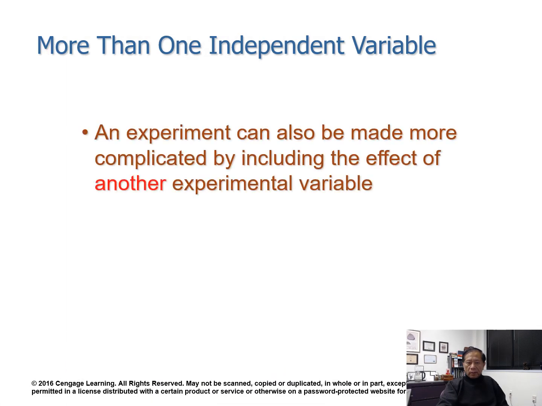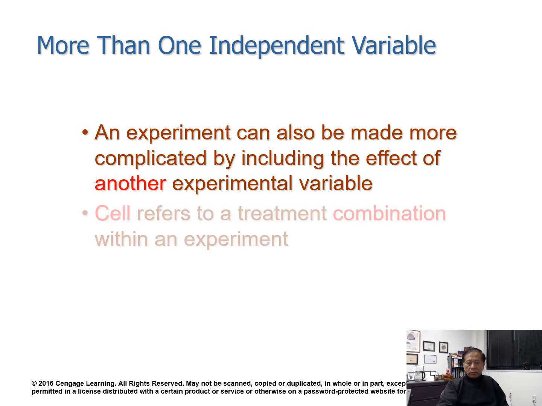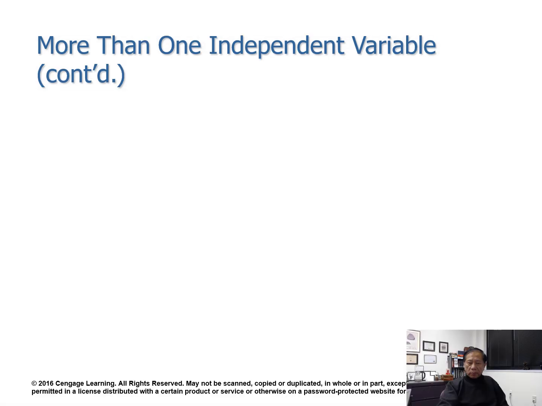More than one independent variable. An experiment can also be made more complicated by including the effects of another experimental variable. You can use a cell to refer to a treatment combination within an experiment. The different variables make up a cell.